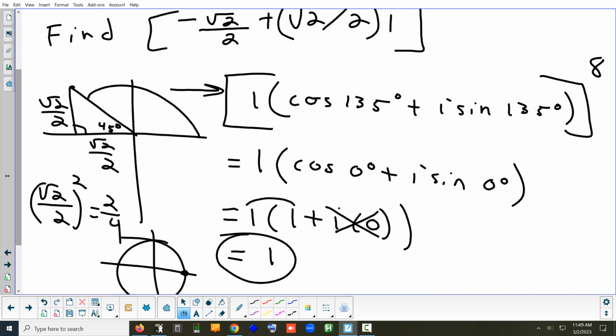After we got to this step, what did we do with what I'm pointing at? We raised it to the power of 8. How would you undo raising something to the power of 8? You take the 8th root. So if you took the 8th root of what I'm pointing at, what do you think you get? 1.